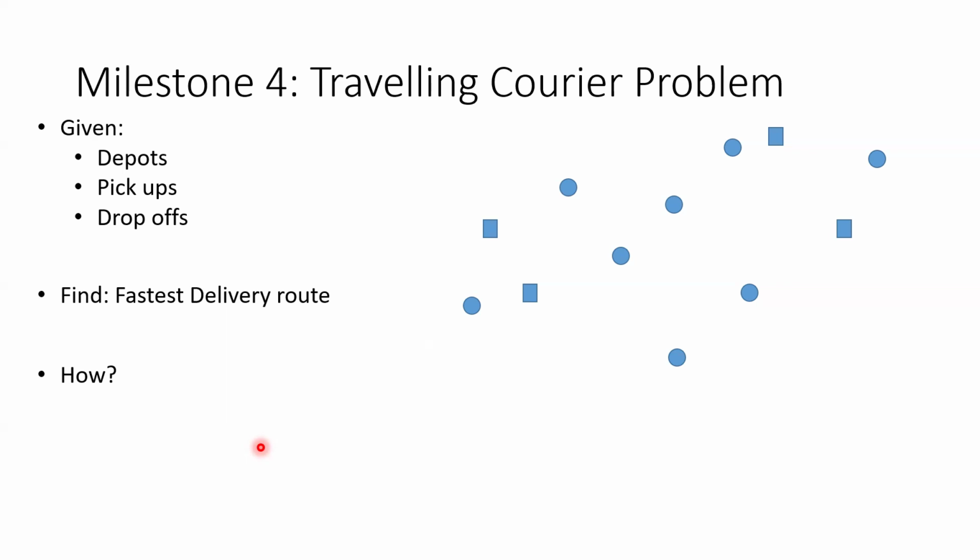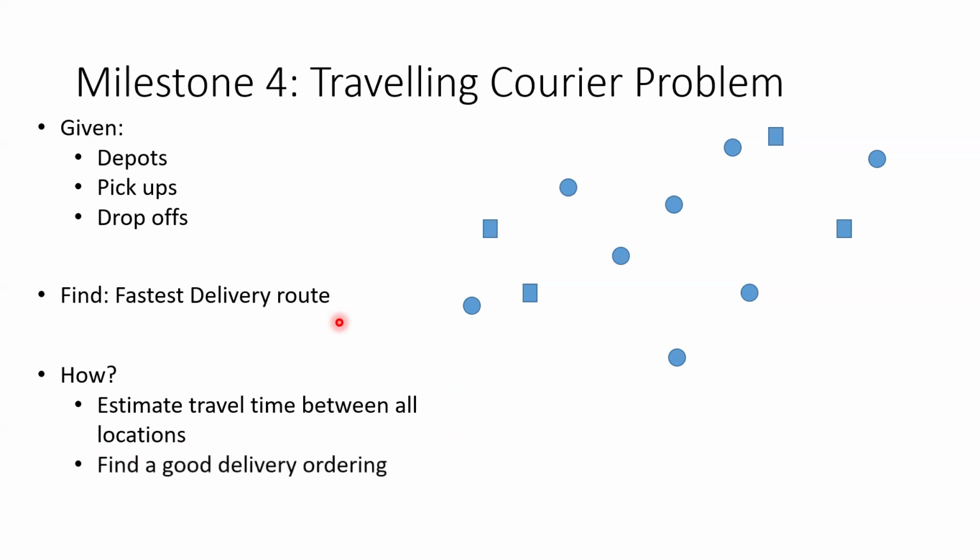How do we do it? We will first need to estimate the travel time between all of the locations and store it. And then using that, we will need to find a good delivery ordering using some kind of algorithm.